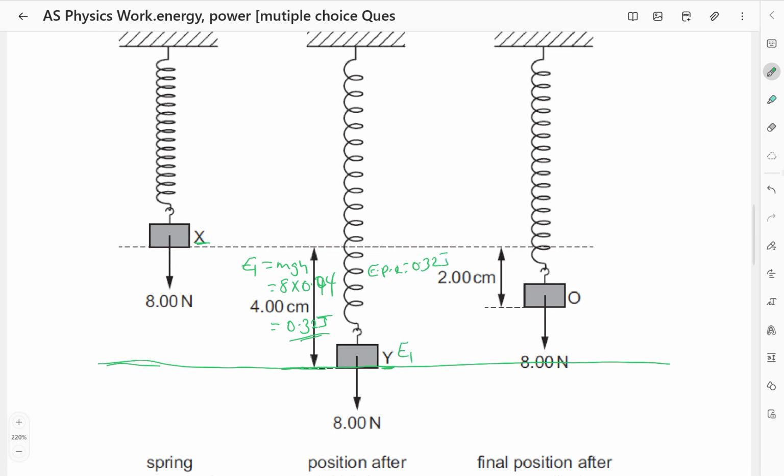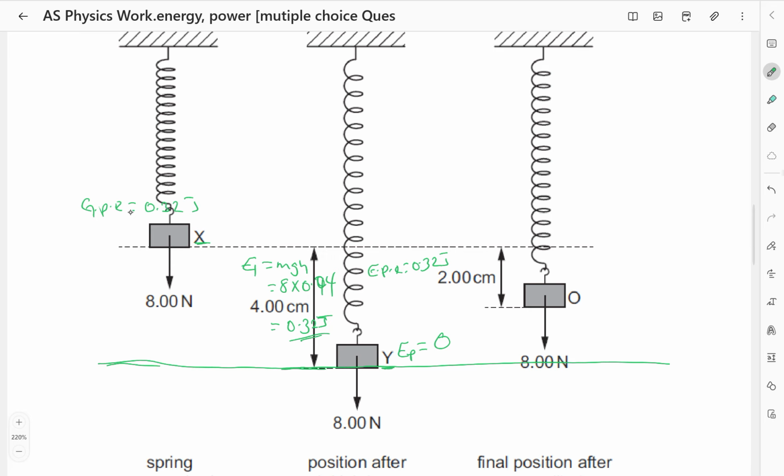The gravitational potential energy is 0 if I'm using Y as the reference point, because h will be 0. So at X, the gravitational potential energy will be 0.32 joules if point Y is the reference point.